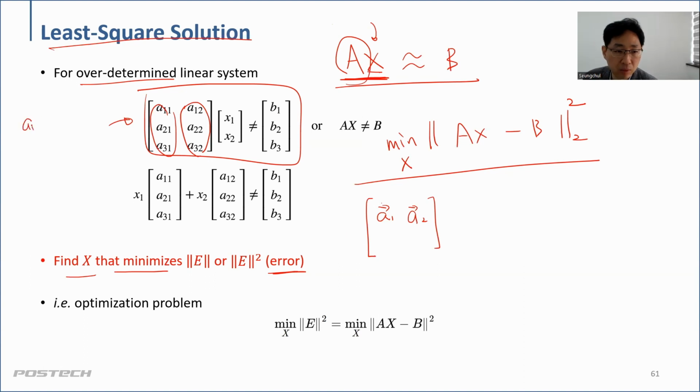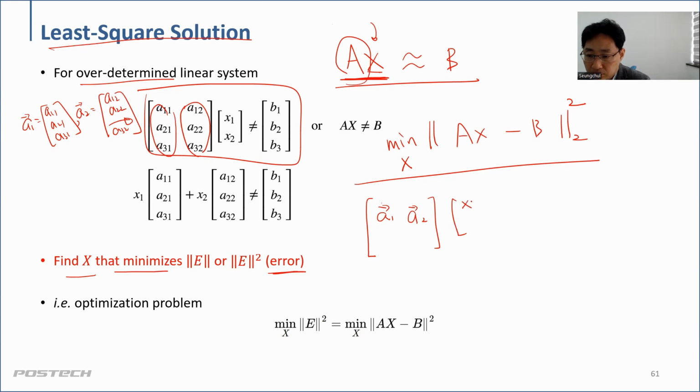So I will say A1 vector, A of 1, A2 vector, like that.